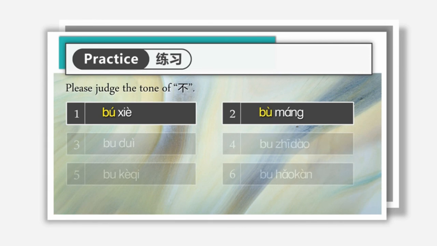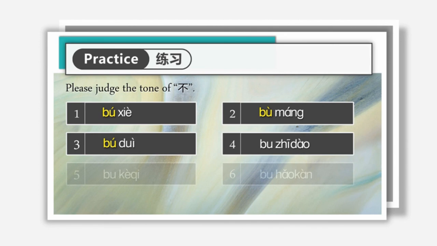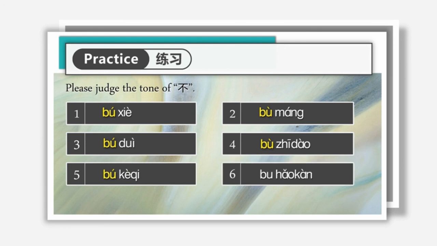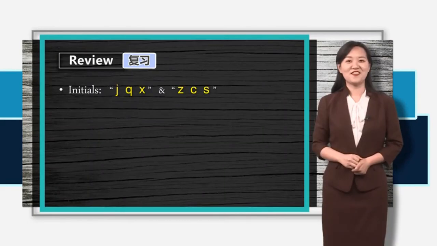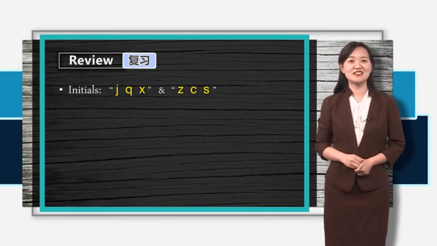不忙。不对。不知道。不客气。不好看。Very good. Okay, today we have focused on two groups of initials, 鸡、七、西, and 滋、呲、思.